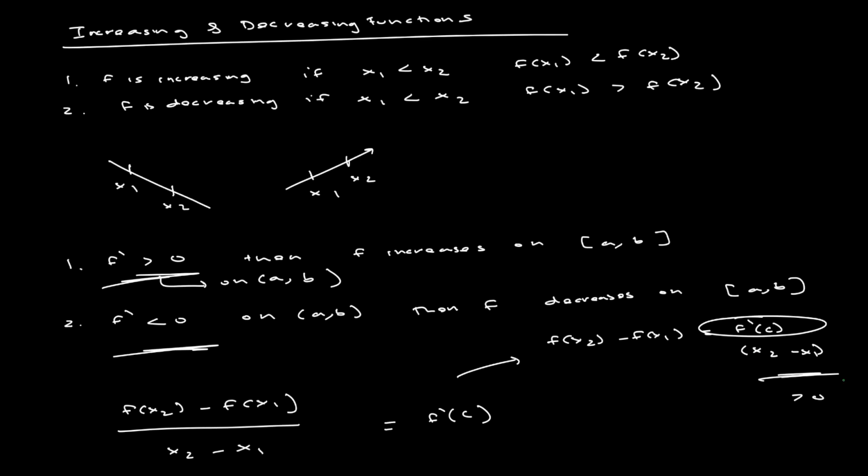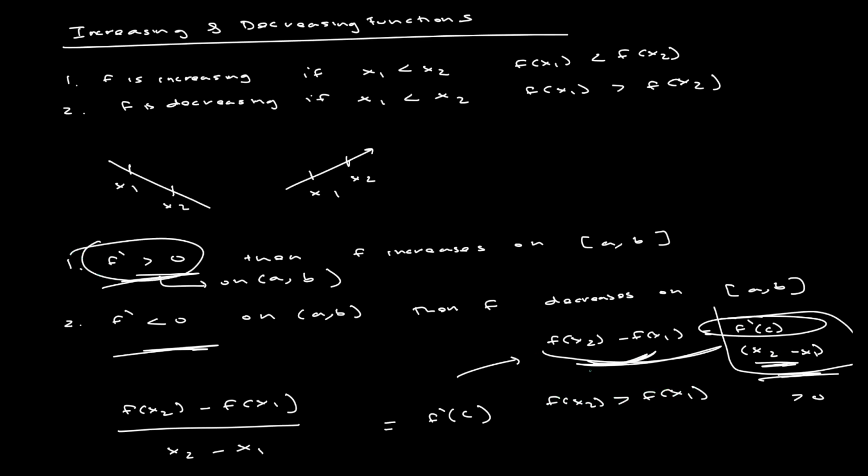So if f prime of c is greater than 0, then this term over here must be positive as well because the right hand side is positive since we're assuming f prime of c is greater than 0 and we know for sure that this is greater than 0. And that must mean that f of x2 is greater than f of x1. And so we're saying that if f prime of c is greater than 0, like we claimed here, then f is increasing. And we get this.